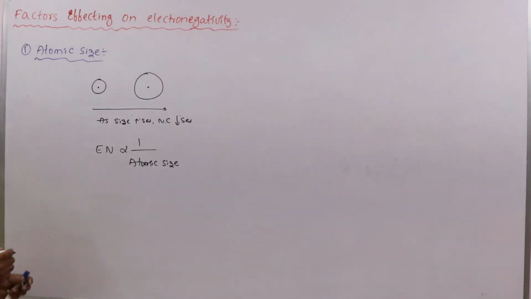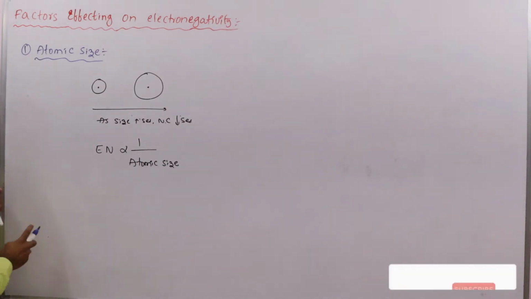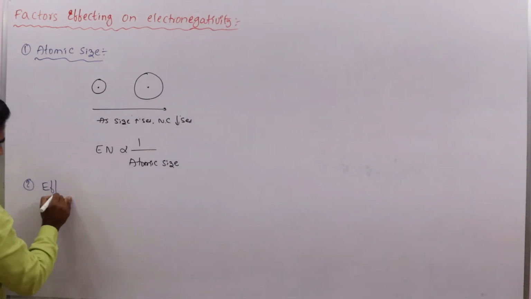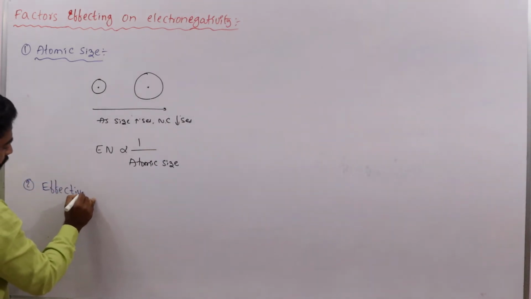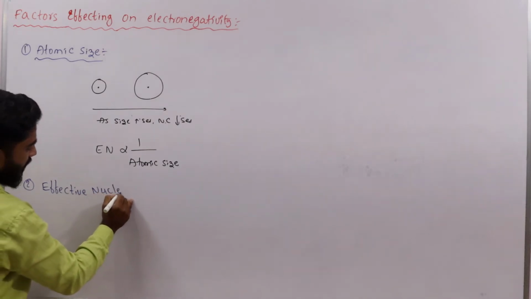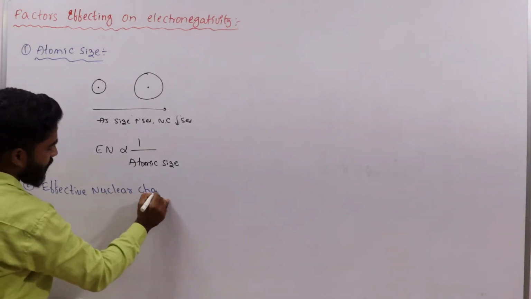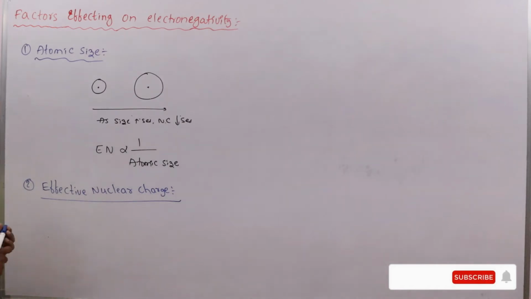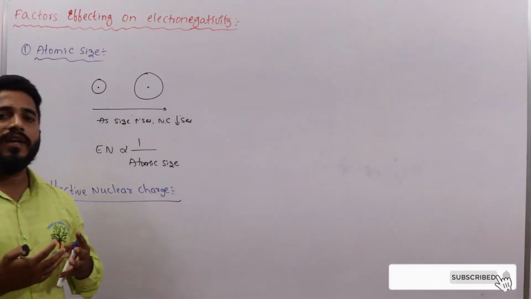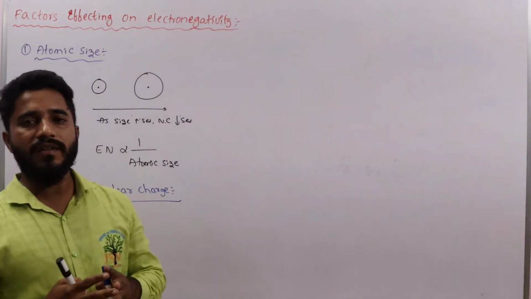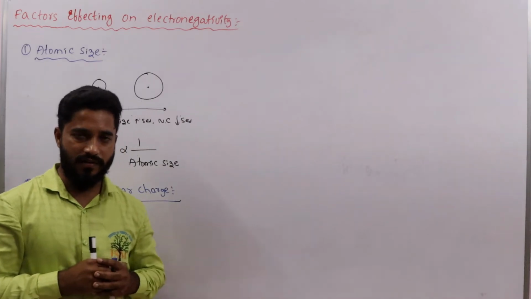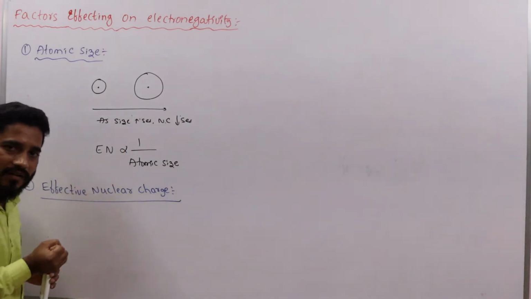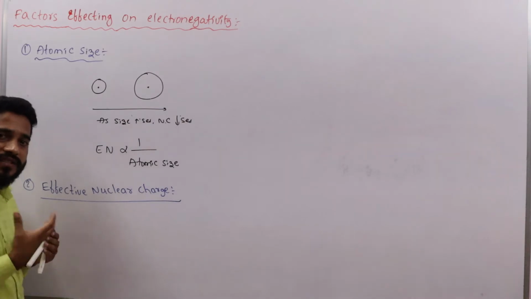Let us take the next factor, that is the second factor, effective nuclear charge. One atom has more nuclear charge, another atom has less nuclear charge. The atom with more nuclear charge attracts bonded electrons towards it very strongly.